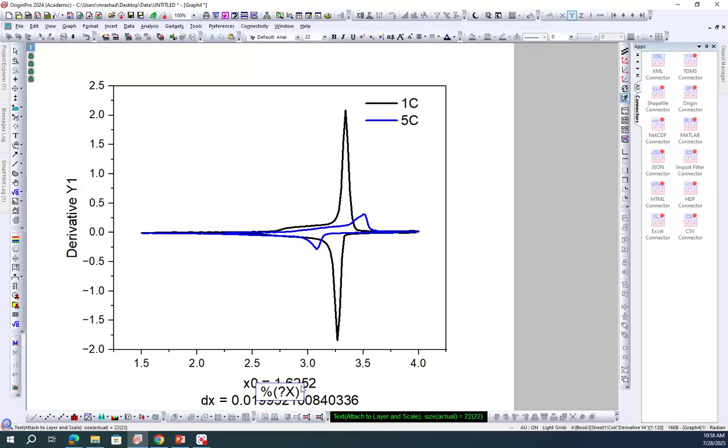So this is the voltage, as voltage is along the x-axis, voltage versus sodium or lithium, and this is dQ over dV. This is the differential capacity, dV. Let me check the units.